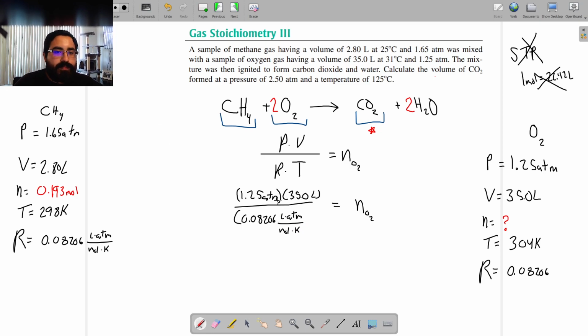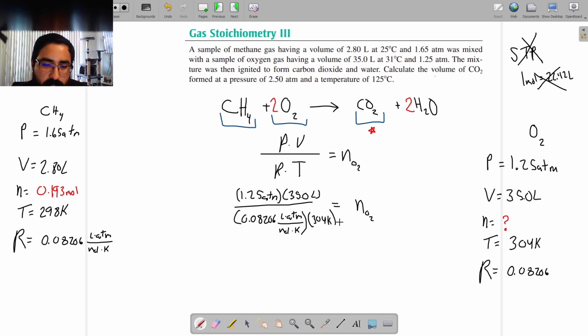And then the temperature for oxygen was 304 Kelvin. So it's the same thing. Multiply the top, divide by the bottom. 1.25 times 35 divided by 0.08206. Hit equals, and then divide by 304.